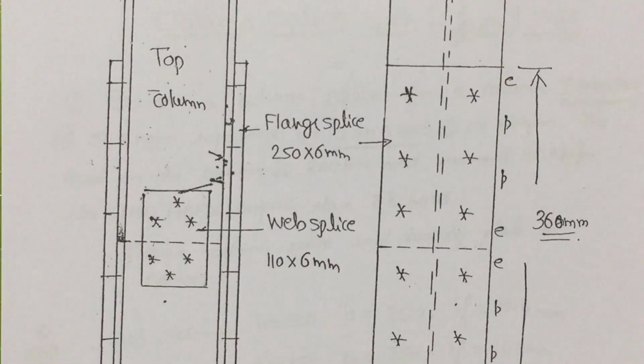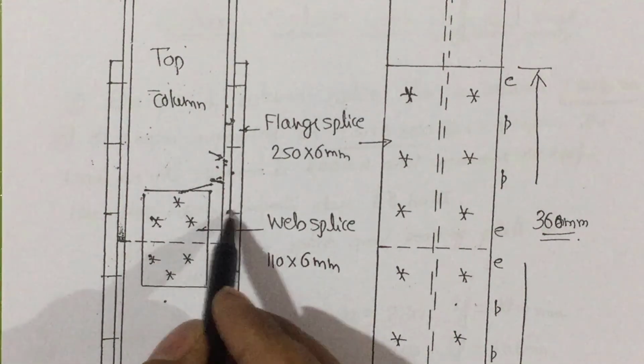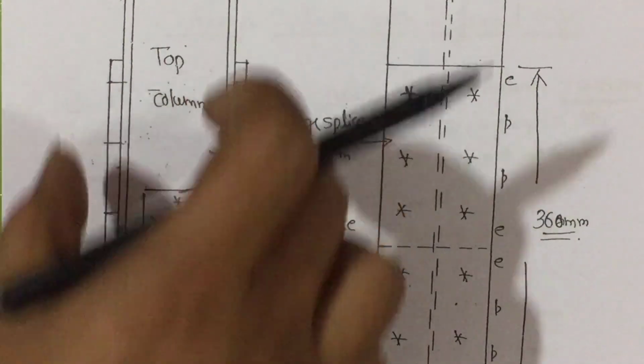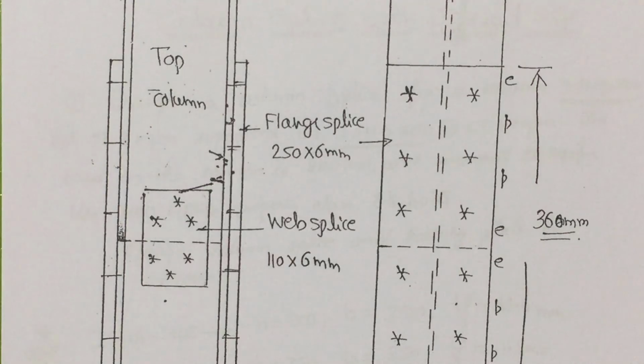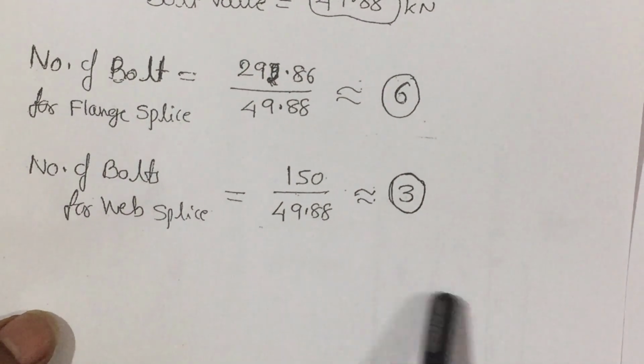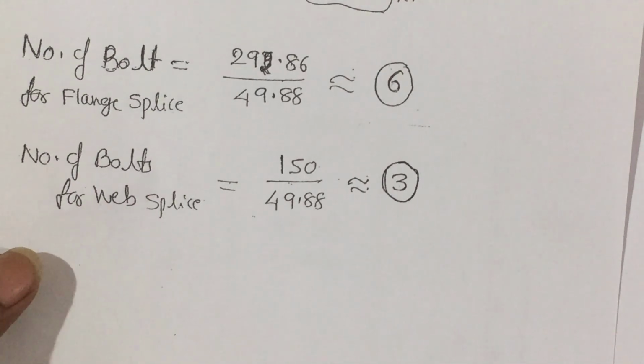For flange splice, we have provided 6 bolts: 1, 2, 3, 4, 5, 6. Understood? Out of these two sections, if you write one section, it will be enough. Or if you do the design, that's also enough. No need to show graphically.